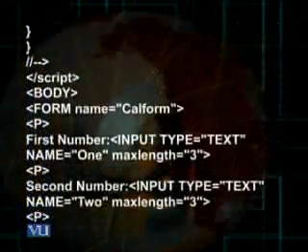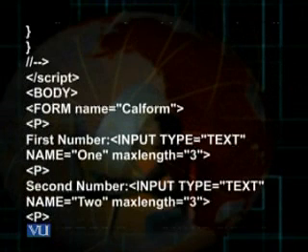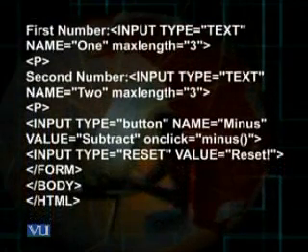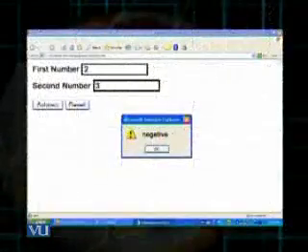Then I close the script tag, then within the body tag I use the form tag and I create my text boxes, the text box called 1, then the text box called 2, then the button on which the label is subtract, and I use the event handler onclick equals minus, which would shift the control to the function minus when the user clicks on this button, and then the reset button. Form, body, HTML are closed accordingly. You can see the result of this code before you.